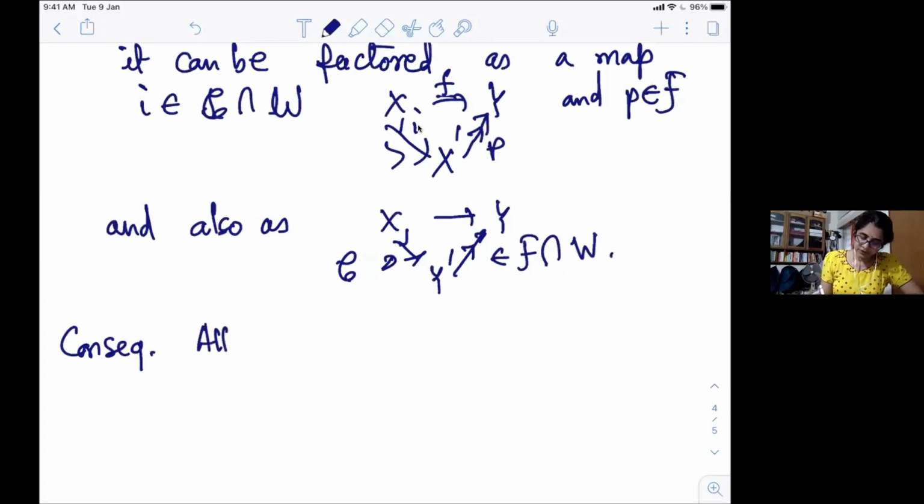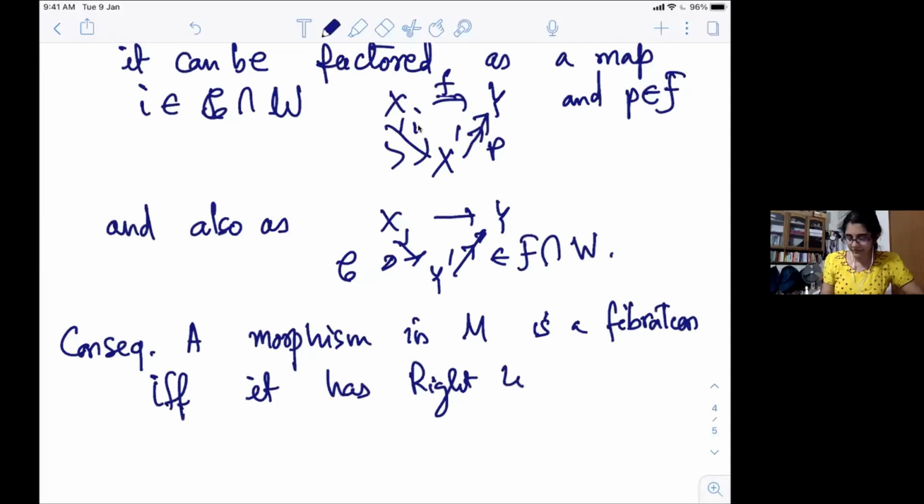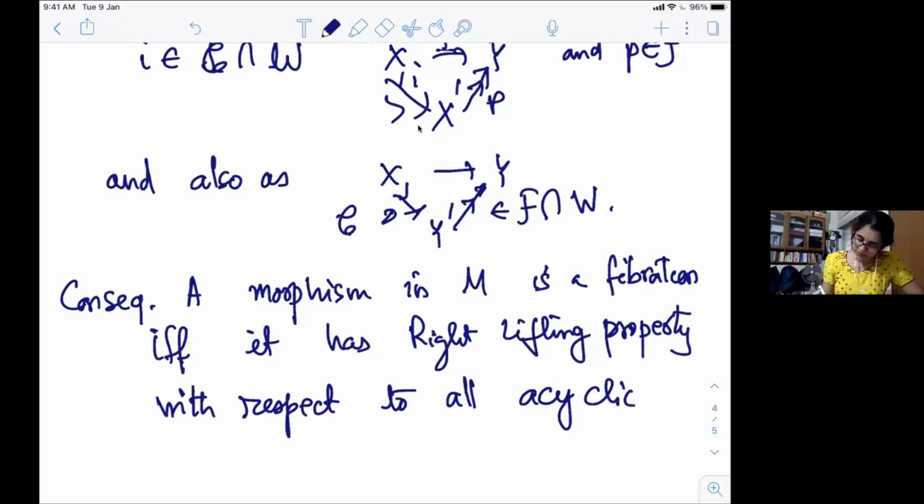One consequence is that all fibrations have the right lifting property, which is clear. But also, a morphism in M is a fibration if and only if it has the right lifting property with respect to all acyclic cofibrations.